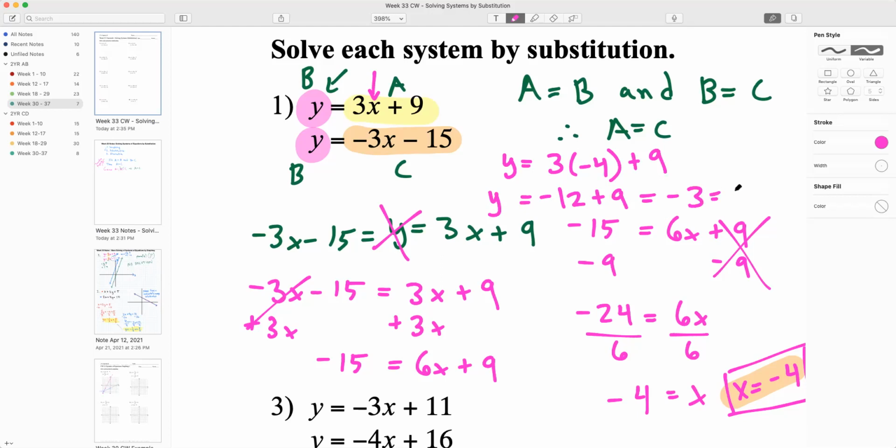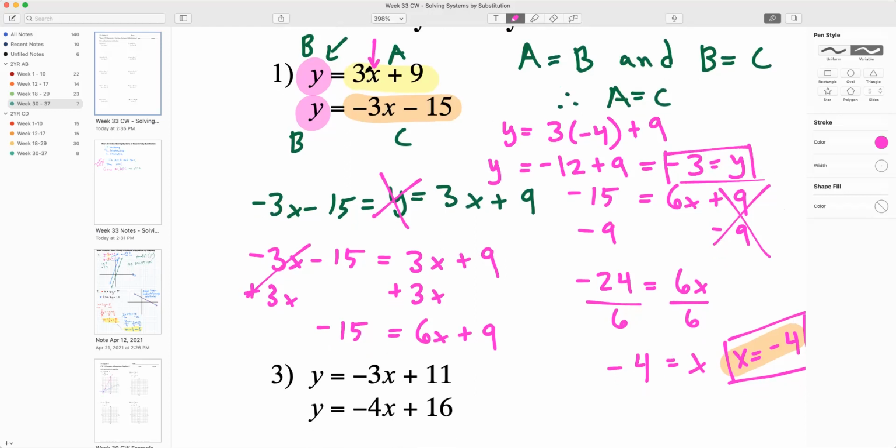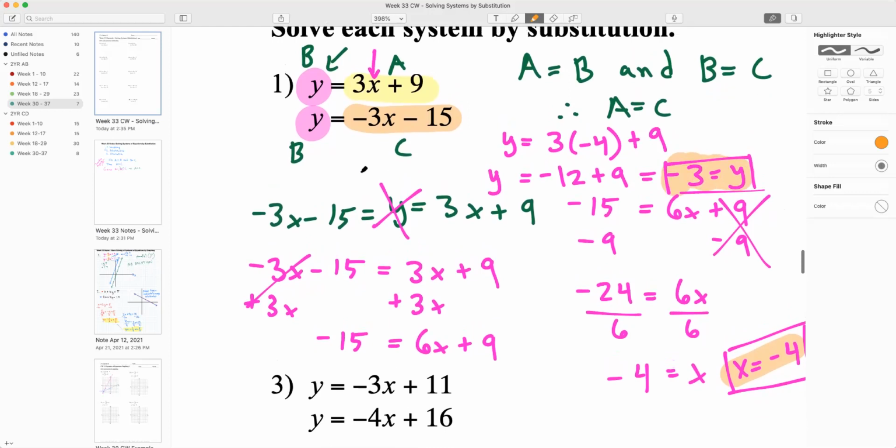So y equals negative 3. You can figure out how to solve systems of equations just like that. Substitution.